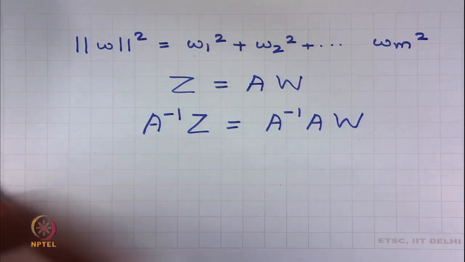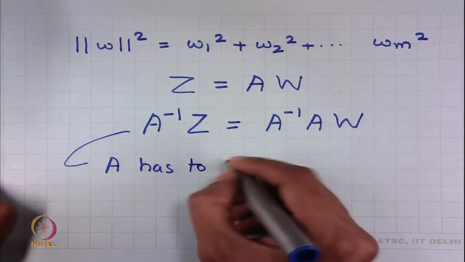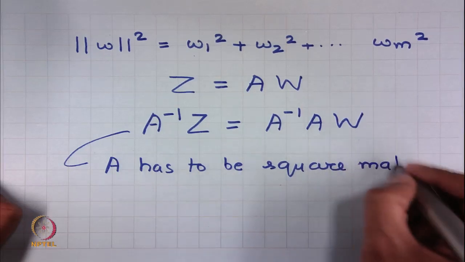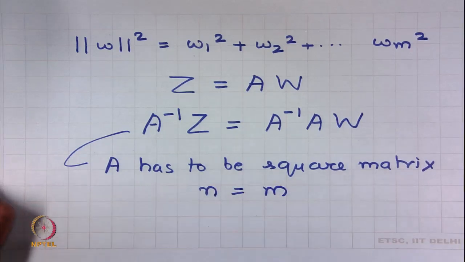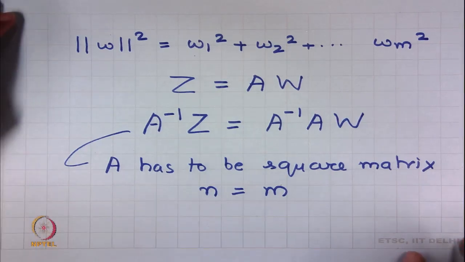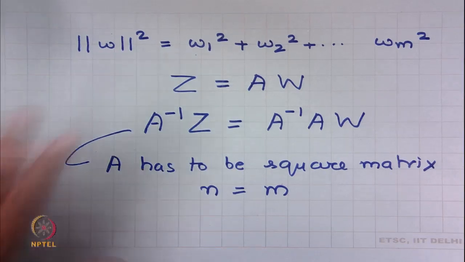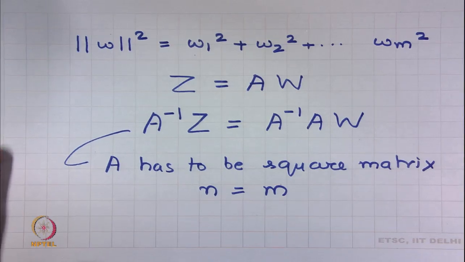So, first thing is A has to be a square matrix, and thus n should be the same as m. Okay. And we will see that even if A is a square matrix, there can be a case when inverse does not exist, but let us assume at this moment that the inverse of this A matrix exists, and let us also assume that A is a square matrix, where n is the same as m.